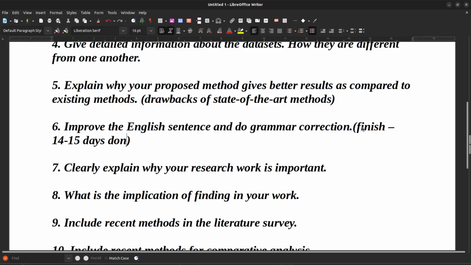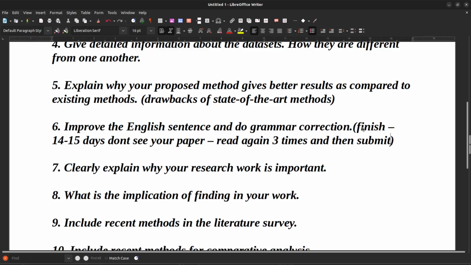Don't see your paper. After 14 or 15 days, try to read it again. Read again 3 times and then submit.